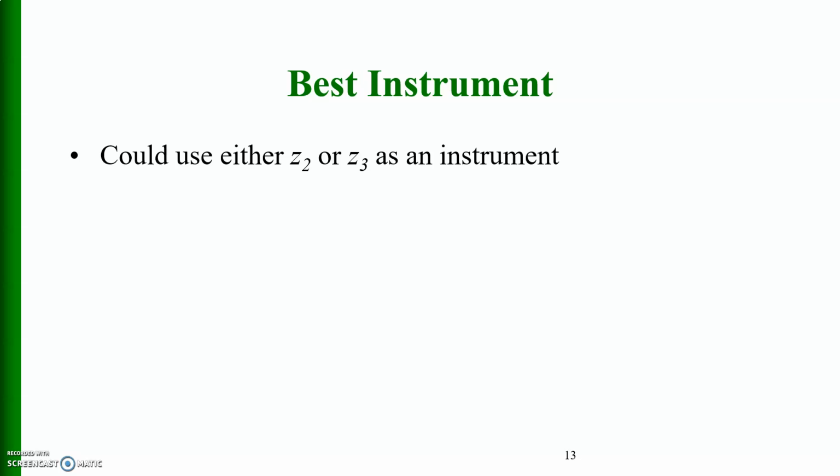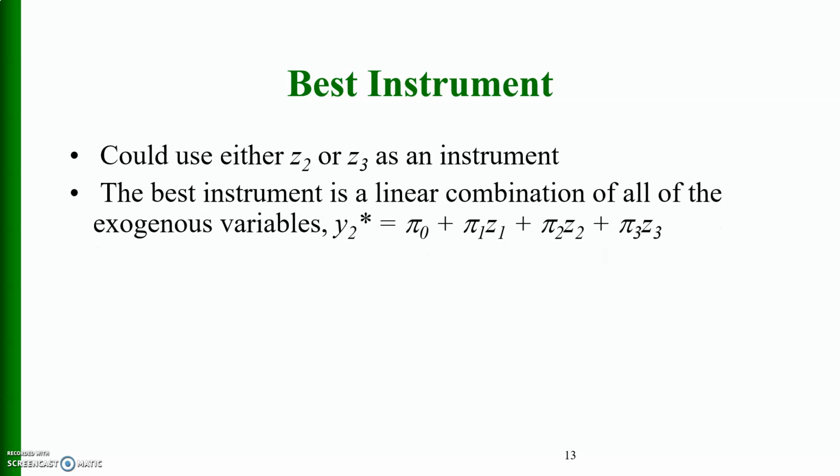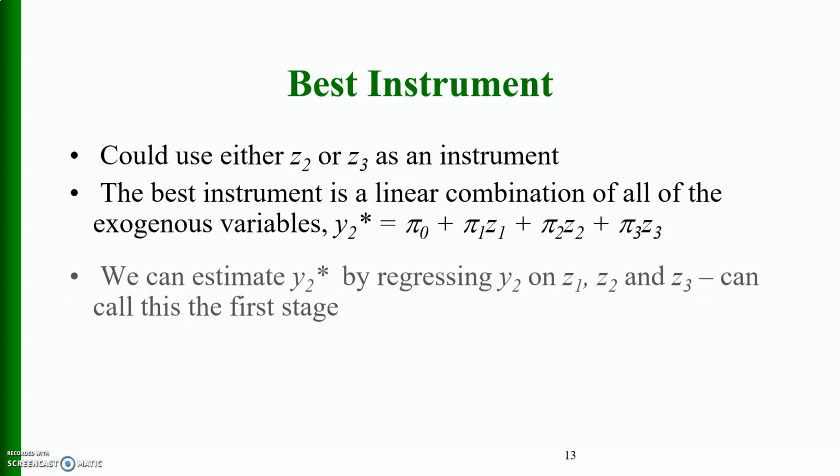Best instrument. We can use either z2 or z3 as an instrument. The best instrument is a linear combination of all of the exogenous variables. That is, y2 star is equal to pi naught plus pi 1 z1 plus pi 2 z2 plus pi 3 z3.